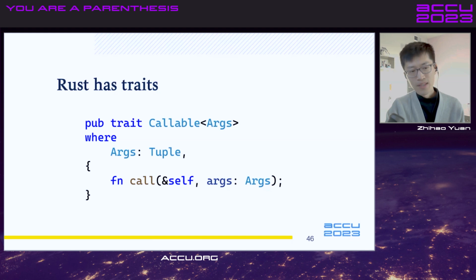To simplify things, here I'm specifying a callable type that returns void, and it takes arguments of different types. Rust doesn't support variadic templates or anything like that yet. So if you want to pass an unknown number of types that may be of different types, you have to use a tuple.